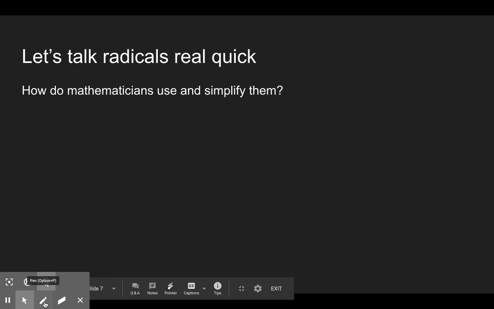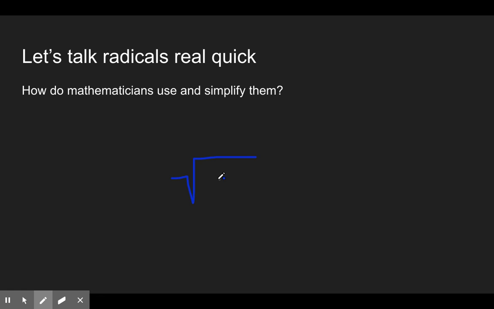I want to make sure we talk about radicals really quick. Radicals, that's the square root symbol. What I like to remind my students, and we probably covered this in Algebra 1, is that if you have some large number in there, you can always split it up to be the square root of one number and the square root of another, and that's very useful when I am able to break it off and have a perfect square. An example I might like to use would be something like 24. Could I split this into 12 and 2?